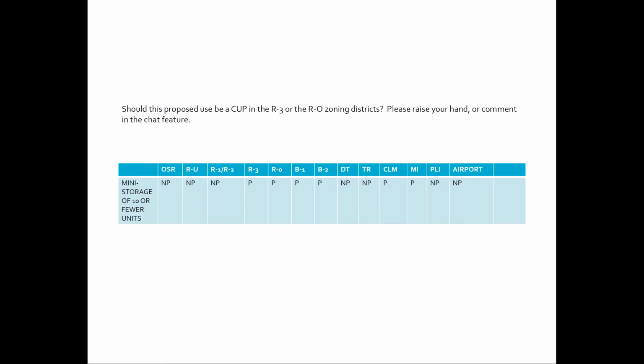So it does not allow, if I recall, multifamily with a CUP, but it's entirely intended for single family, or if you have townhouses on separate lots, that would also be an example of that type of use. The OSR is our open space, I think, recreation zoning district.